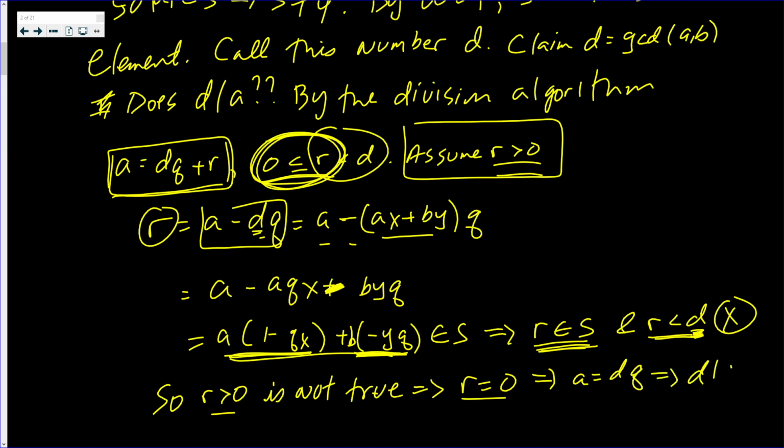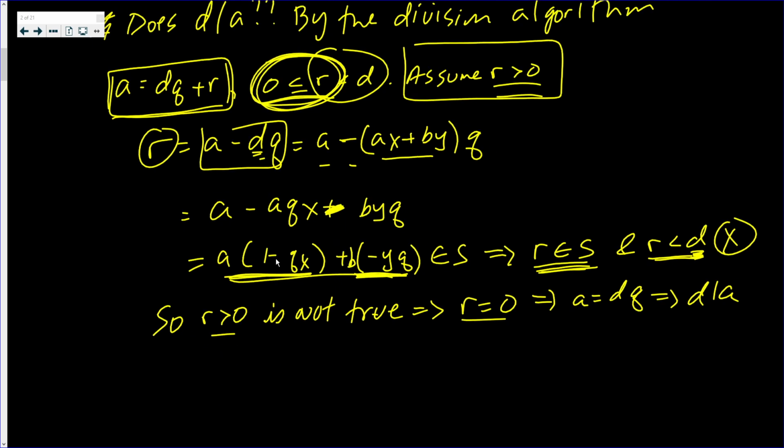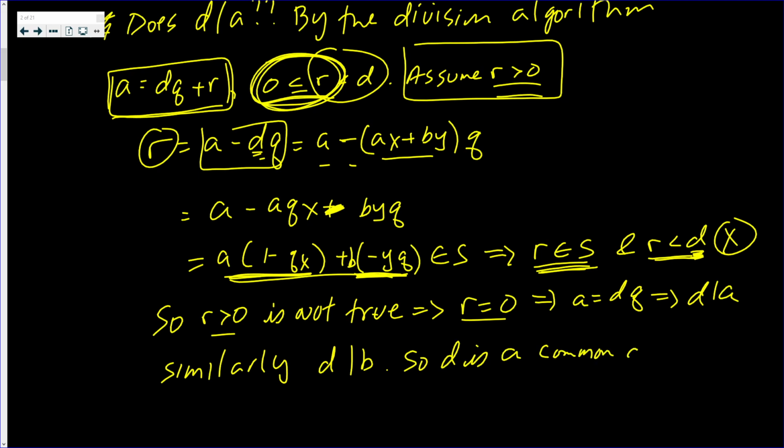That implies D divides A. Similarly, D divides B. So D is a common divisor of A and B. This is good.